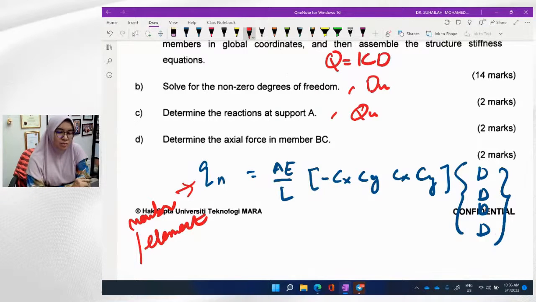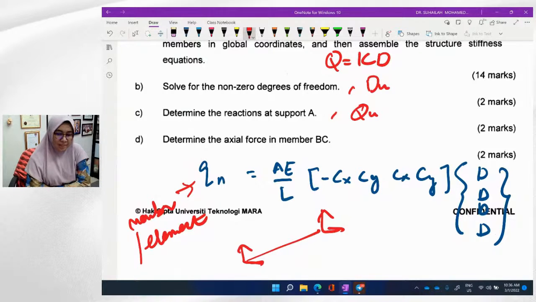For one element there are four. So this is the formula.